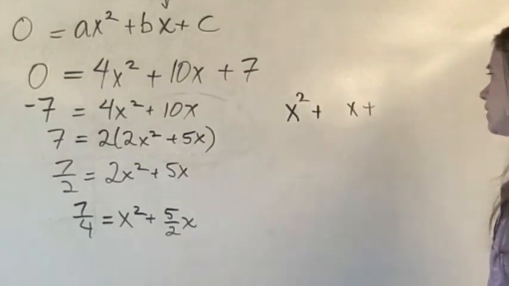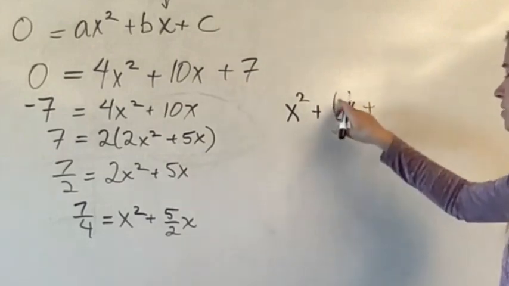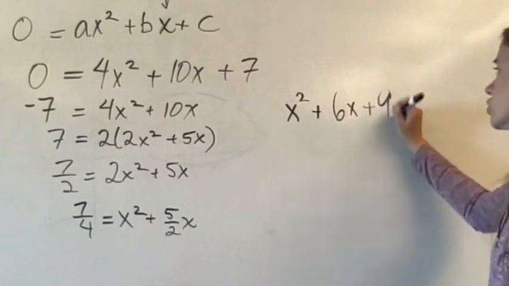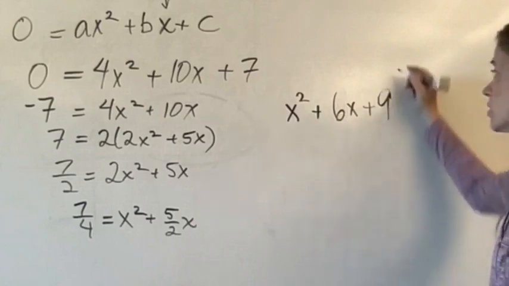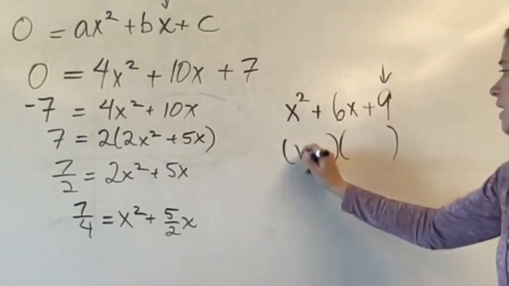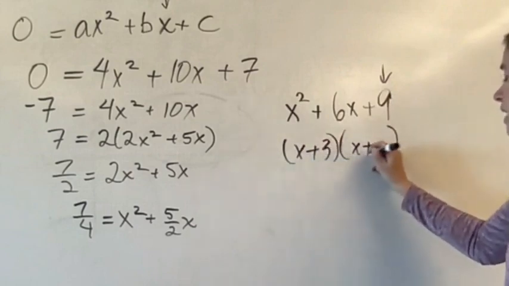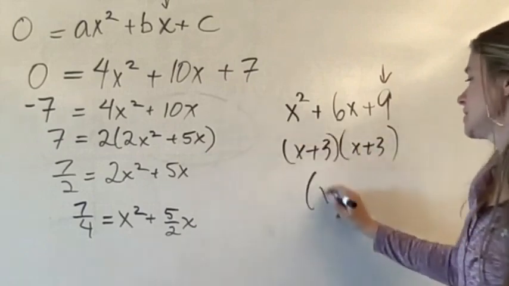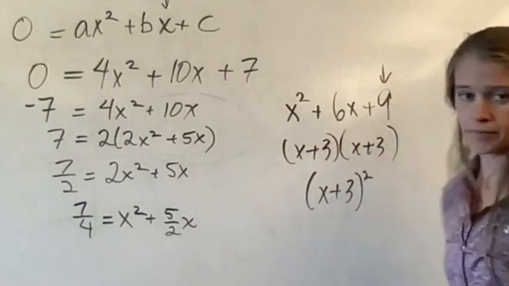What about 6? Half of 6 is 3, and 3 squared is 9. So I sure wish this was a 9, because then I could say x plus 3 times x plus 3. Now what's great about this is I can rewrite this as x plus 3 squared.